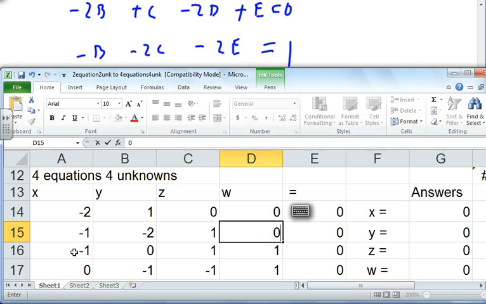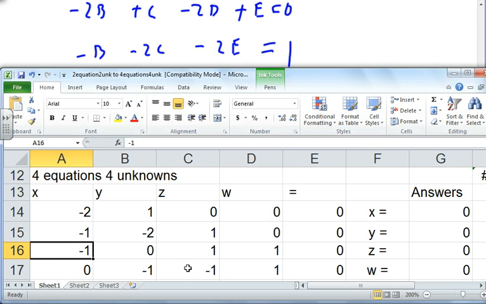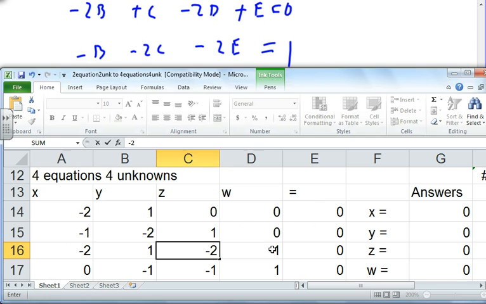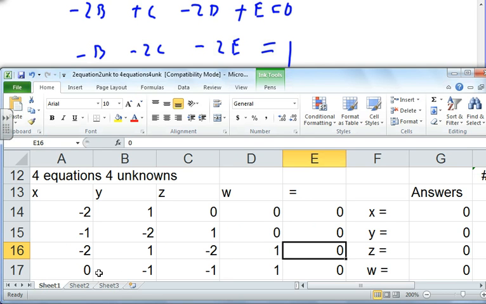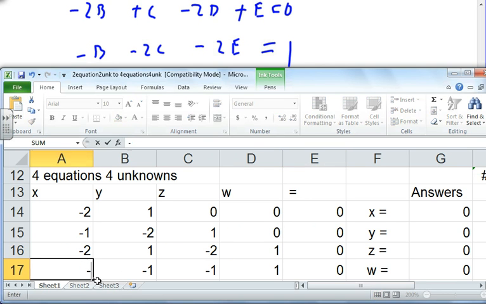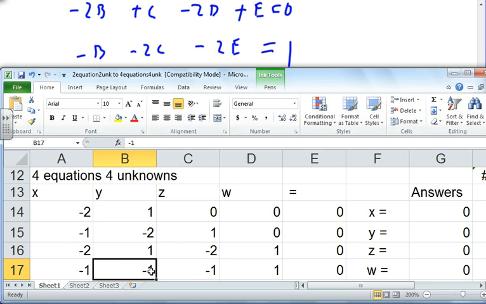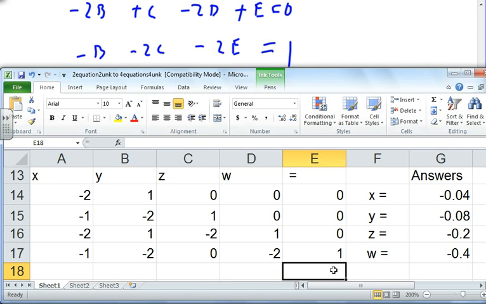Third equation: minus 2, 1, minus 2, 1, 0. Last equation: minus 1, minus 2, 0, minus 2, 1. Oh, that doesn't look good. That just doesn't look good at all.